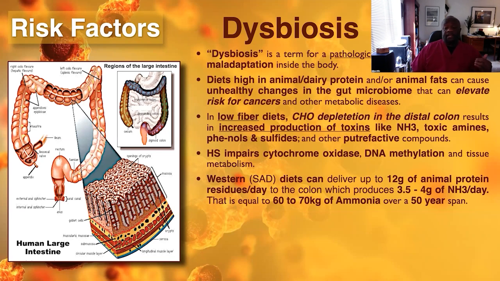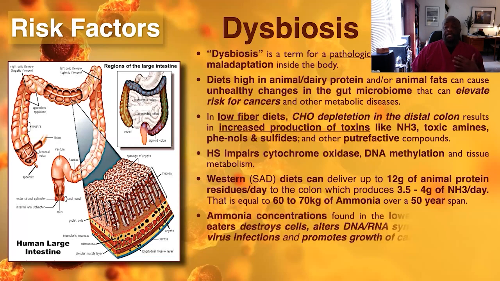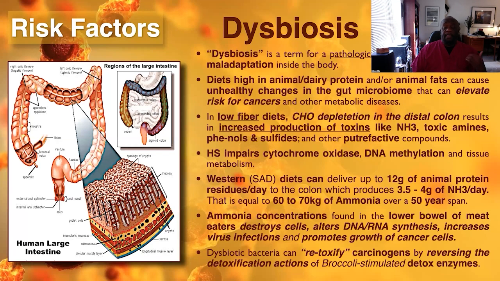And this is equal to creating 60 to 70 kilograms of ammonia over a 50-year lifespan, which again helps people understand why this can lead to colon cancer. Ammonia concentrations found in the lower bowel of meat eaters destroy cells, alter DNA and RNA synthesis, increase viral infections, and promote the growth of cancer cells.